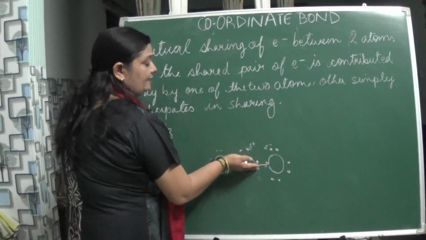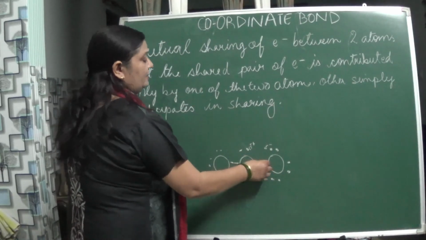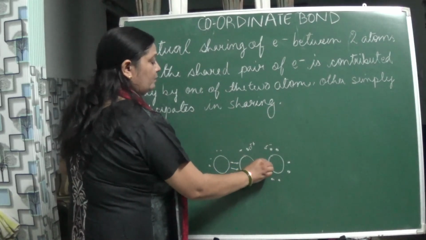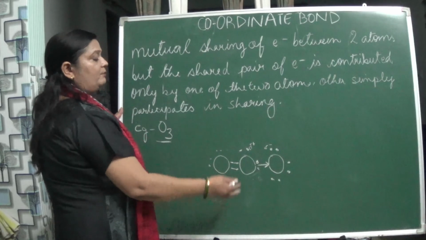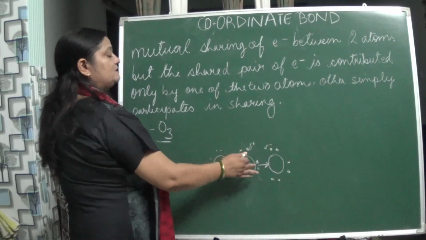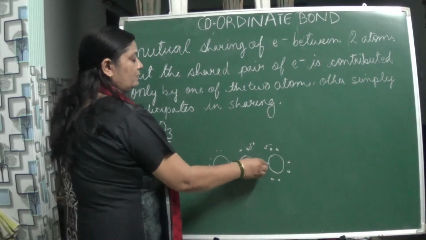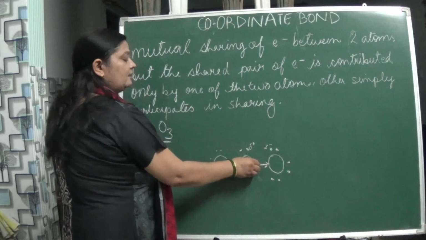This type of bonding is known as a coordinate bond, and it is denoted by an arrow. The arrow points to where the electrons are being shared or taken, and the atom which is contributing is shown by the tail of the arrow.